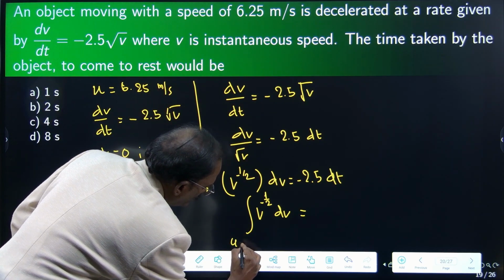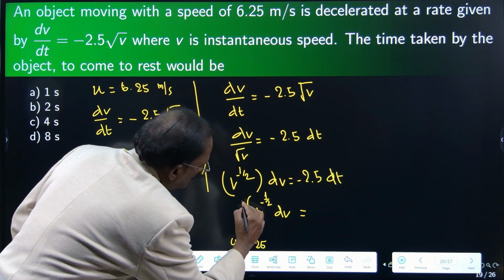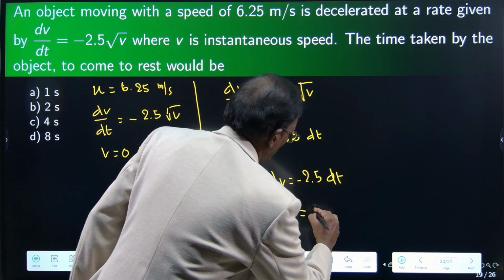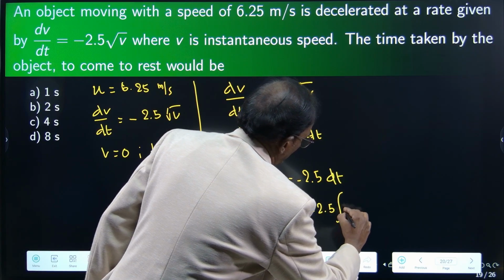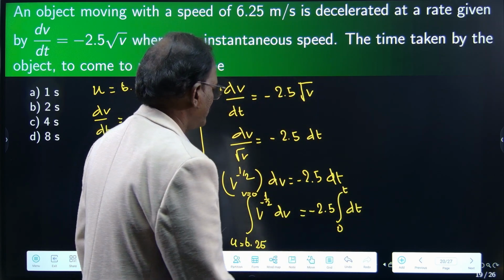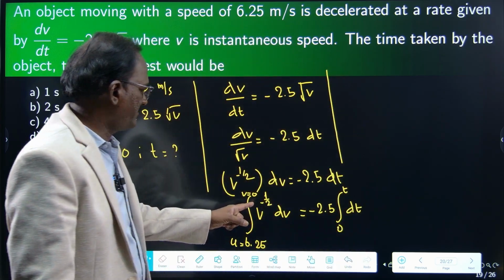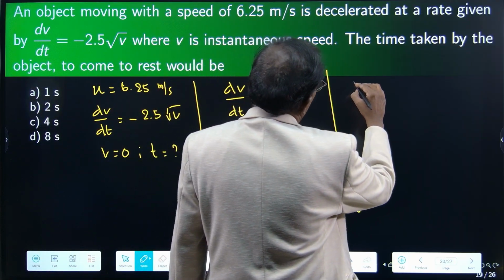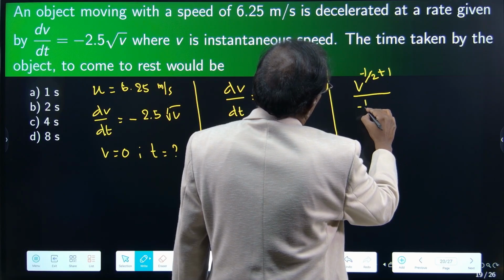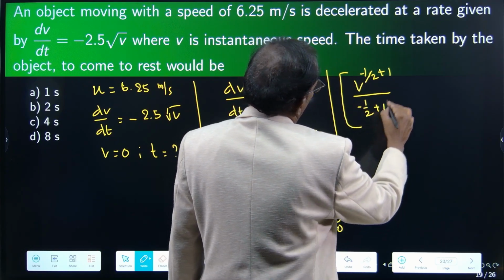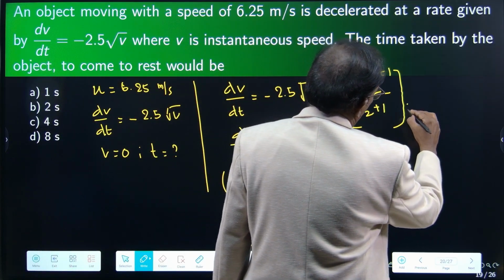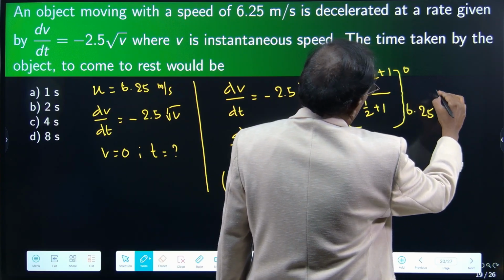So u is equal to 6.25, v is equal to 0. They are the limits. Is equal to minus 2.5 dt. The time is, initial time is 0, final time is t only. So integration of v power minus half is v power minus half plus 1 divided by minus half plus 1, from 6.25 to 0.